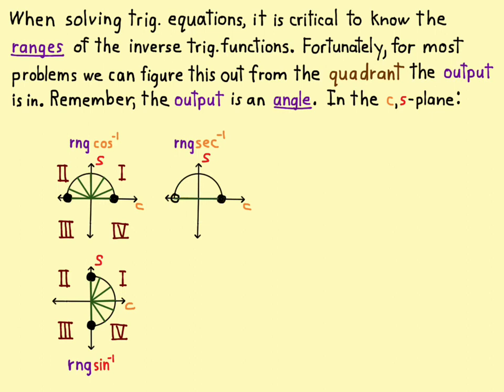Including the s-axis. The range for secant inverse is the same as for cosine, except, remember, secant is the same as cosine except that it's missing a point at pi over 2.